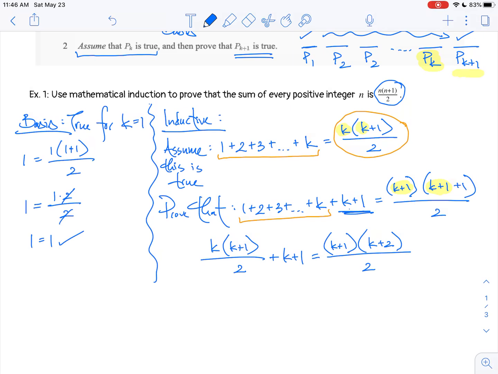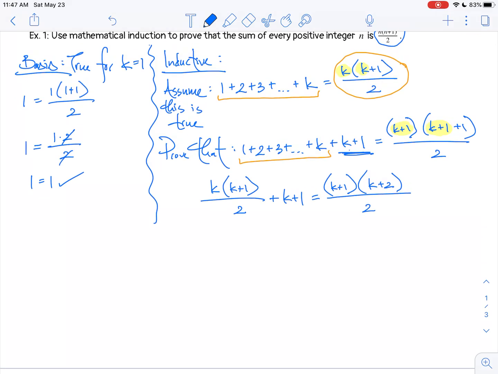Okay, so my job now is to show that this left-hand side equals the right-hand side. So I look at this left-hand side and I notice that there's sort of two fractions, right? K times k plus 1 over 2, and then k plus 1 is really over 1. So I'm going to make a common denominator here.